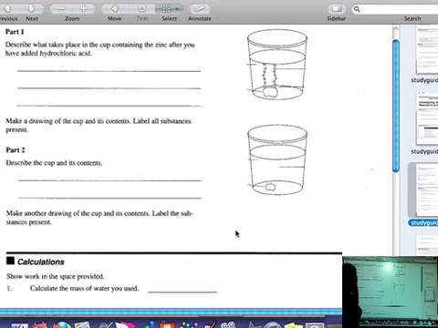So let's look at part 1 of data and observations for your lab report on 5.3, which is investigating what's in excess. I'm just going to give you a hint. You can describe what happens, since you did the lab and can pretty easily talk about what happened.